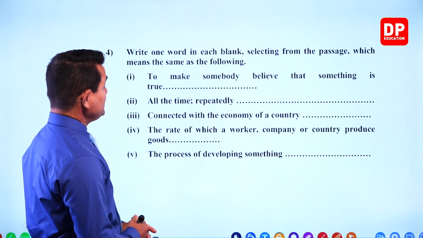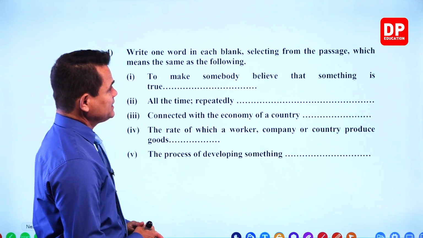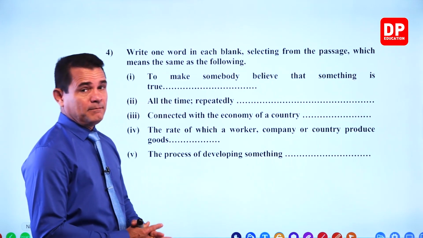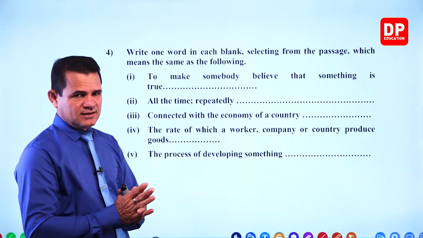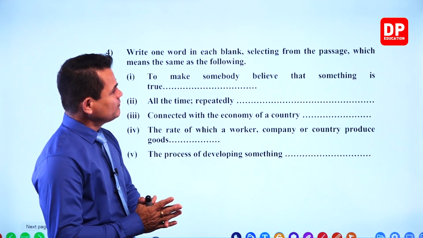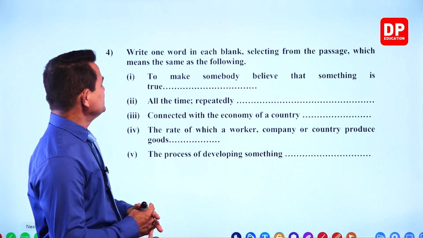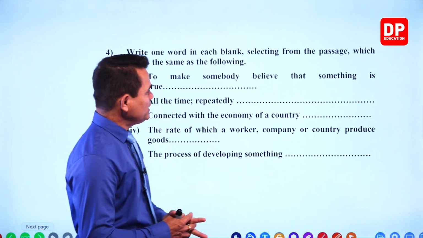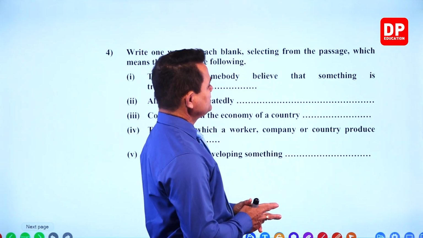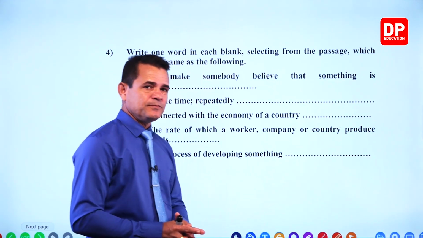Next one, number 4. Write one word in each blank, selecting from the passage, a single word from the passage which means the same as the following. To make somebody believe that something is true.